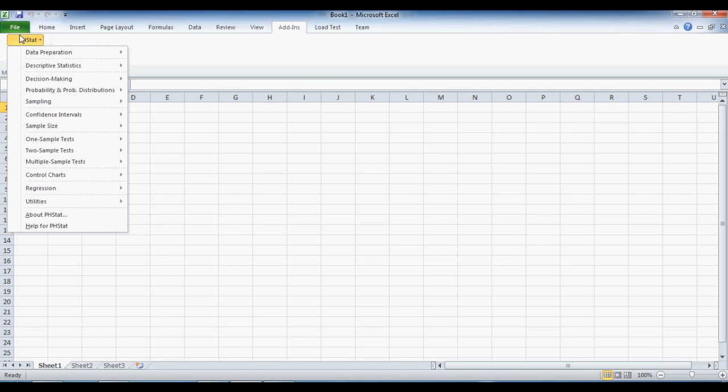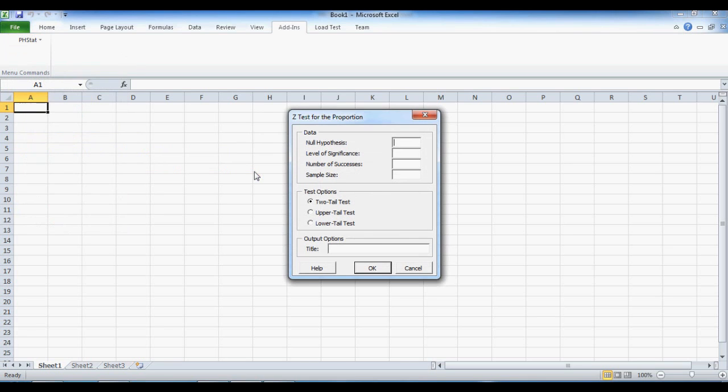So click on PHStat, then go to the one sample test on the list, then choose Z-test for the proportion. Then the null hypothesis. The null hypothesis is the 1/8 which is stated in the problem, and its equivalent in decimal is 0.125.